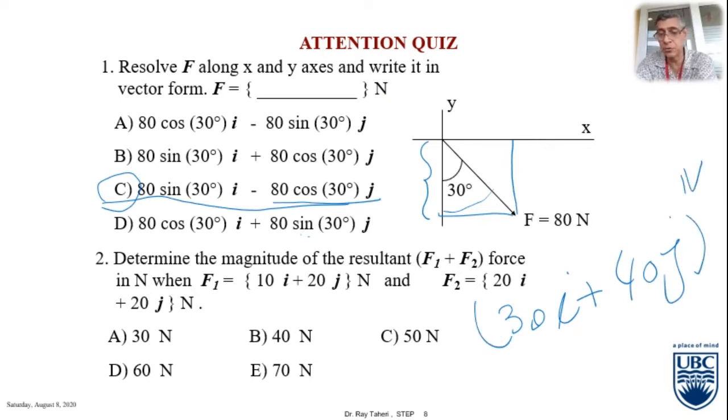Now you want to find the magnitude: this squared, 900, plus this squared, which is 1600. Add them together, 2500. Square root of that is 50. So the correct answer is C.